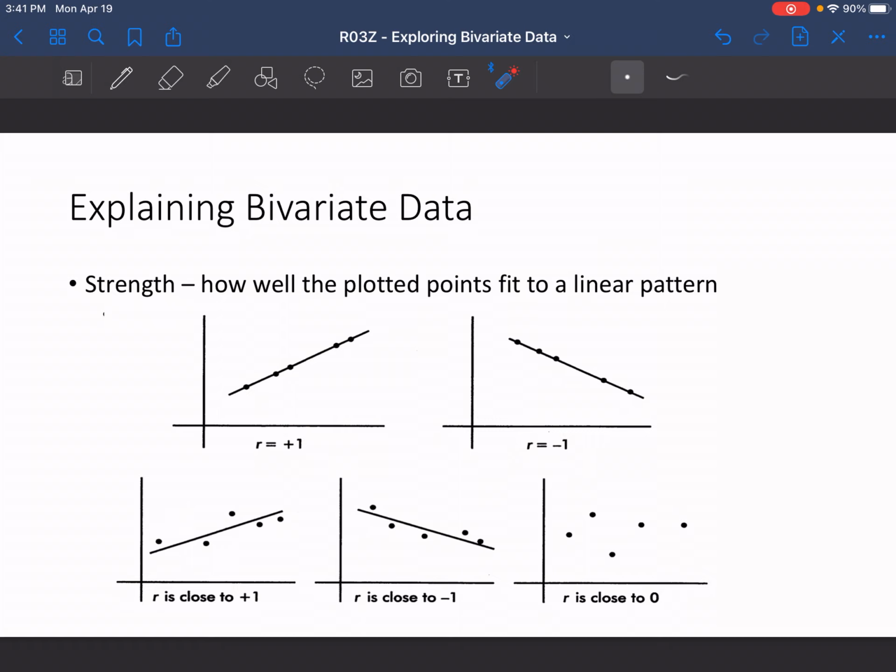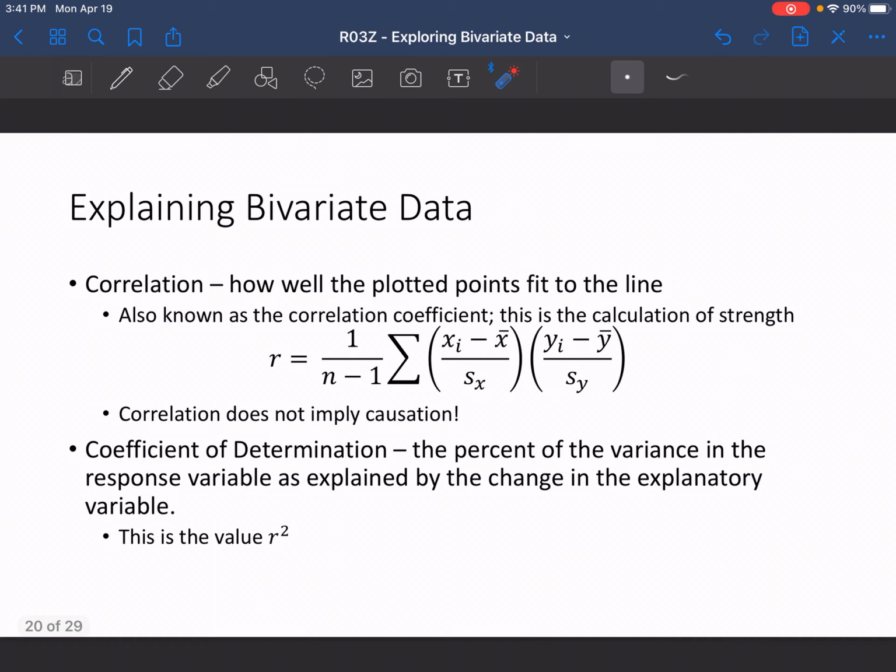If the data strays away a little from a linear pattern, it's still kind of all over the place, but you could draw a line right through that data. If it's going in a positive direction, that means R is going to be close to +1, or if it's going downward, R is going to be very close to -1. Then if the data does not have any sort of pattern whatsoever, so the further away from a pattern the data actually gets when we're looking at a scatter plot, that means that it's going to go closer to 0 in that case.